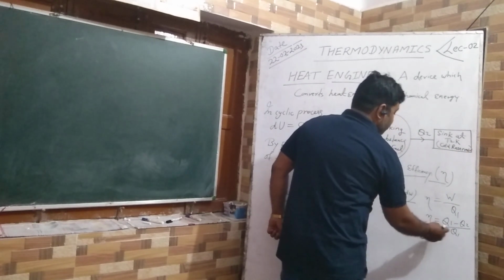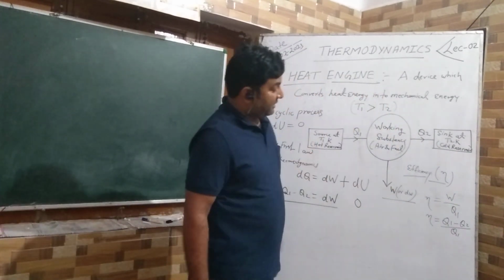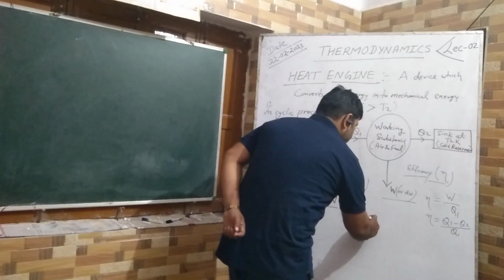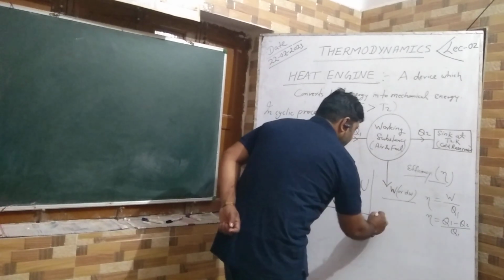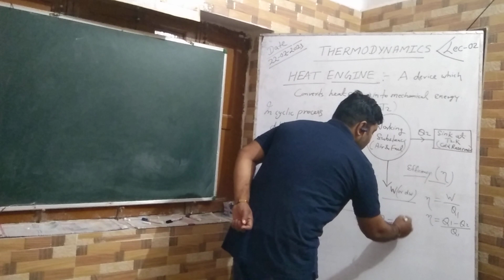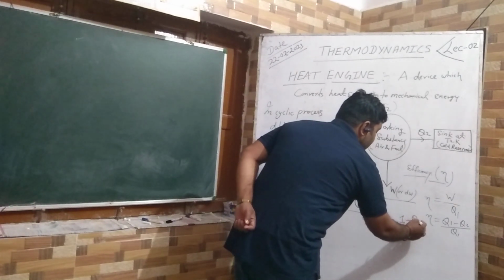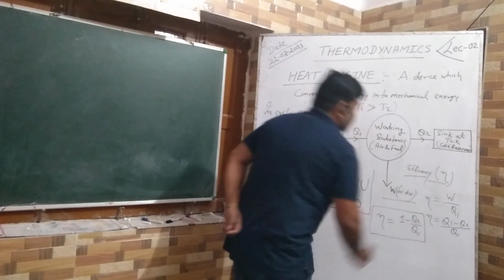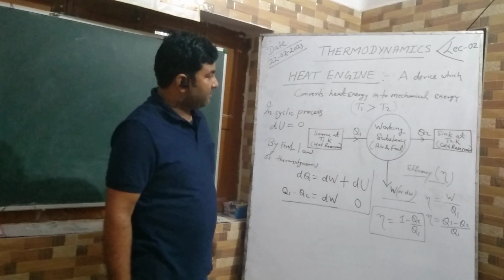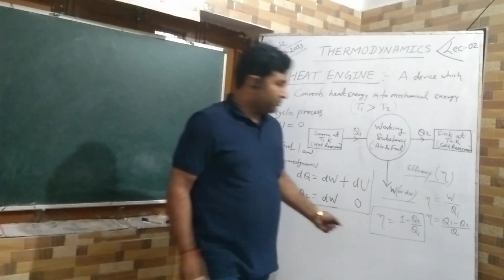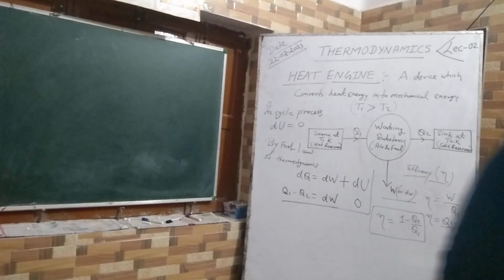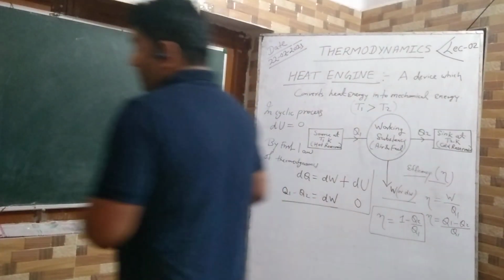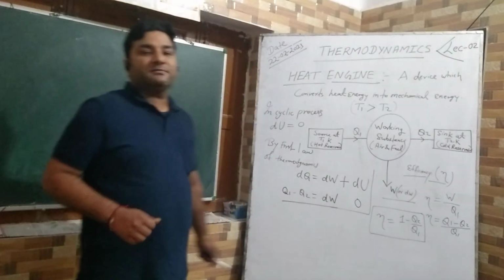And this eta becomes, when you expand, Q1 upon Q1 minus Q2 upon Q1, is equal to 1 minus Q2 upon Q1. This is the formula for the efficiency of a heat engine. Clear? Just note it down, very simple. Then suppose you want to calculate this efficiency in terms of temperature.